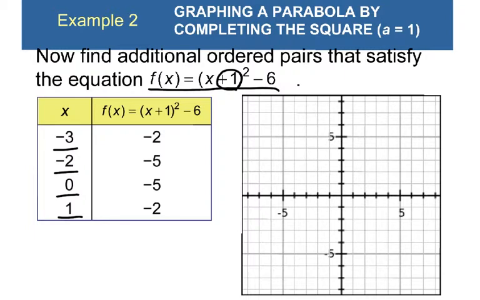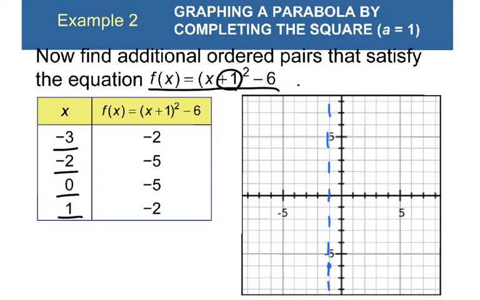Plot our vertex first, and then we're going to plot these other points. So -1, -6. It's right here. This right here is our axis of symmetry.